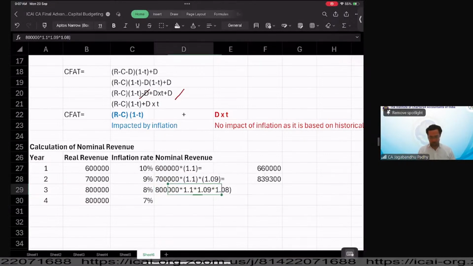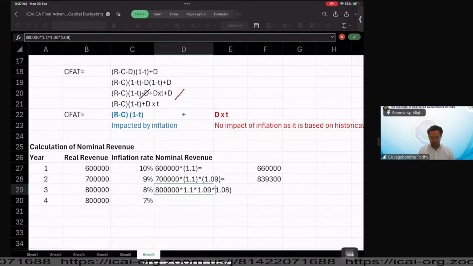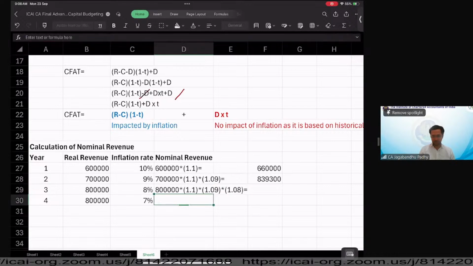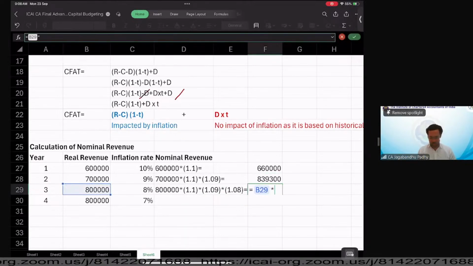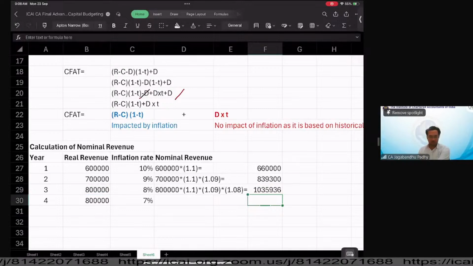So we are just multiplying every year's inflation factor to account for the changes. This will be 8 lakh into 1.1 into 1.09 into 1.08. That's your nominal revenue for the third year.